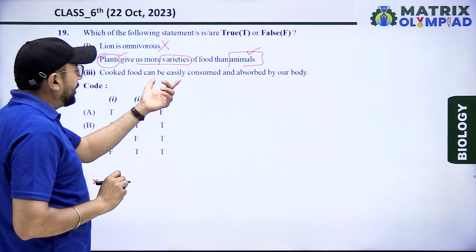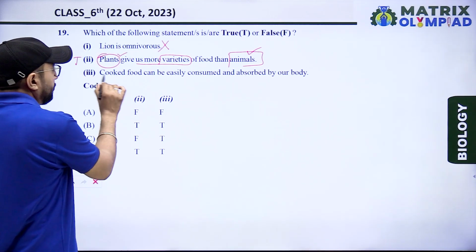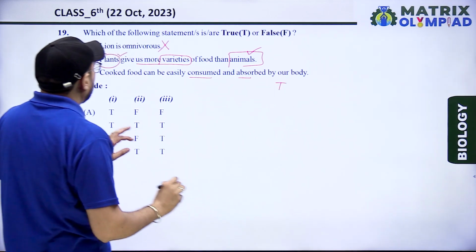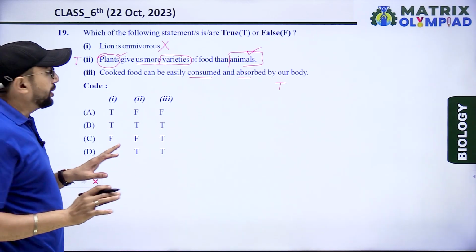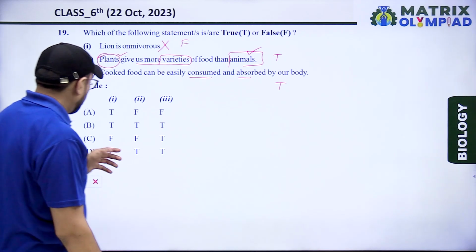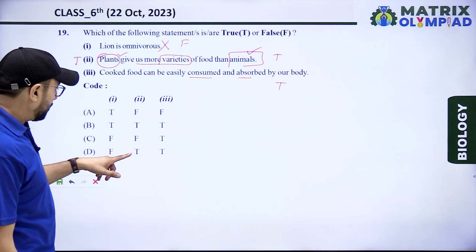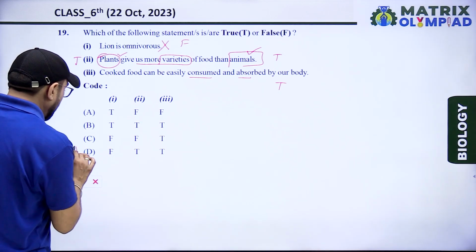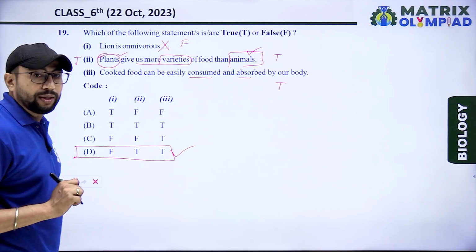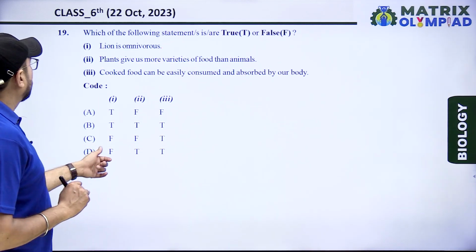Cooked food can be easily consumed and absorbed by our body. Right, true. So the answer is false, true, true. In the options, false, true, true. Option D is the right answer for this question.